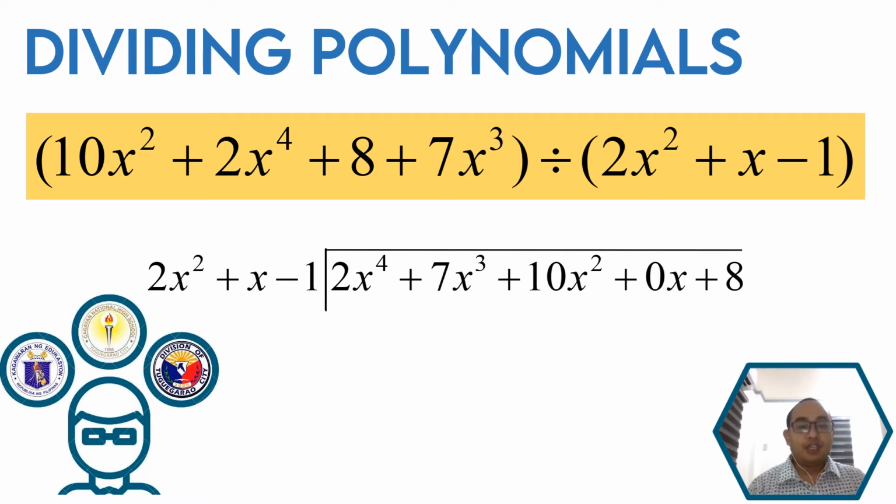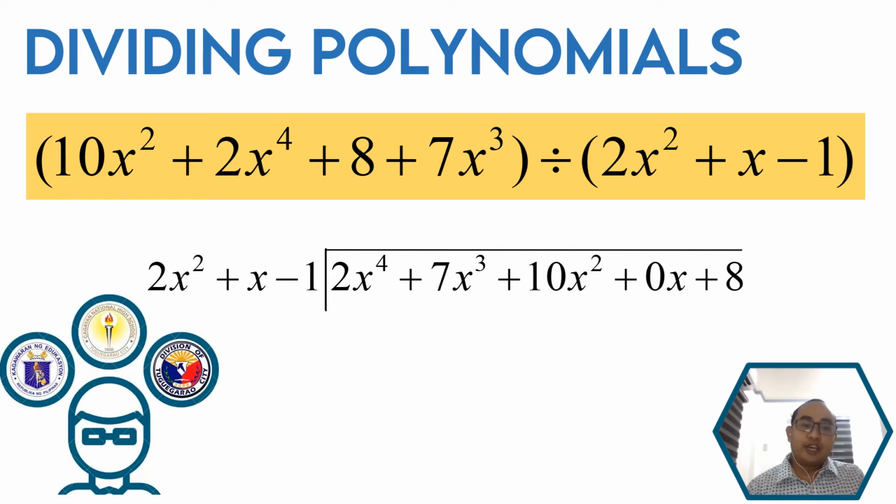So 0x. And then since the divisor is already arranged in descending powers of x, or it's already written in its standard form, we can just copy it as 2x squared plus x minus 1.